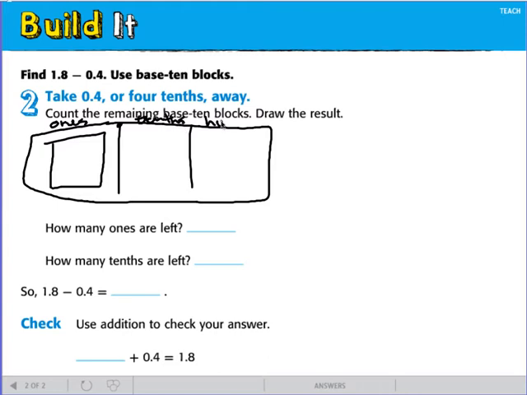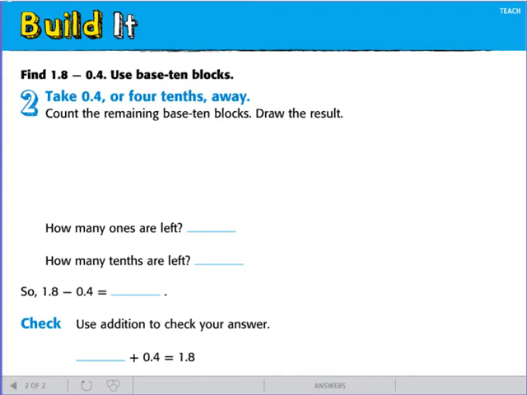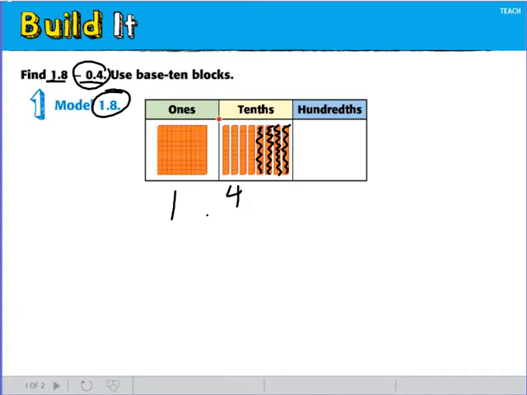And this is hundredths. Okay. And then they had 8 of these. Actually, you know what? We're not gonna do it that way. This is what we're gonna do.